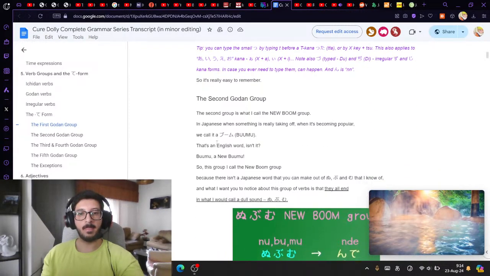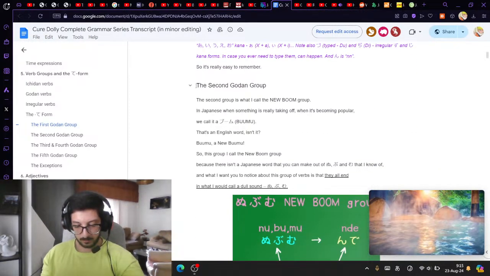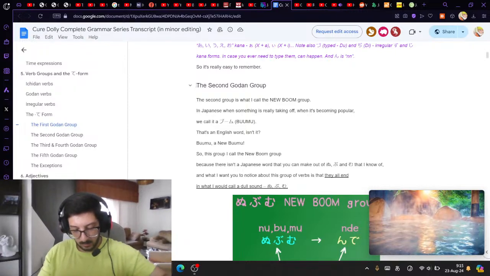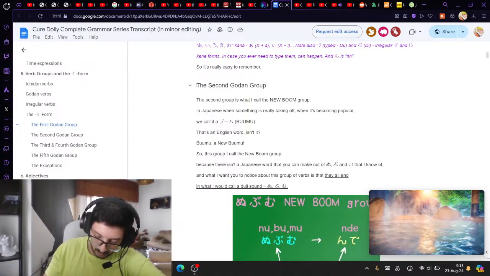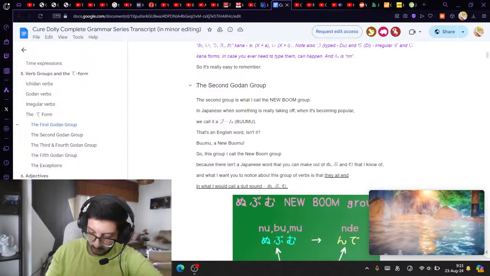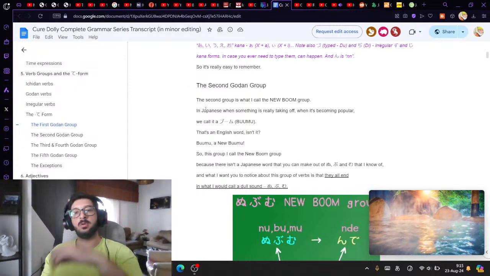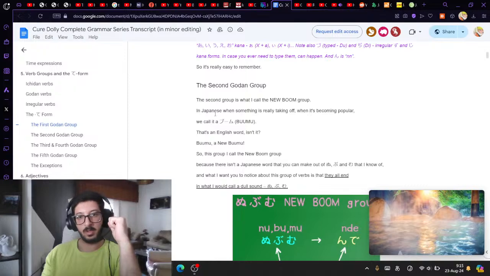Okay. The second Godan group: replace with chisai tsu, small tsu, and ta or te. The second Godan group is what I call the nu boom group.